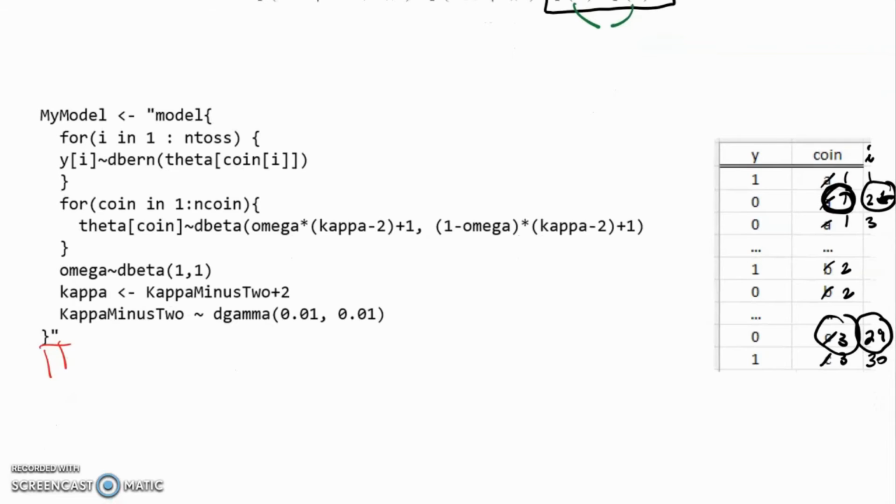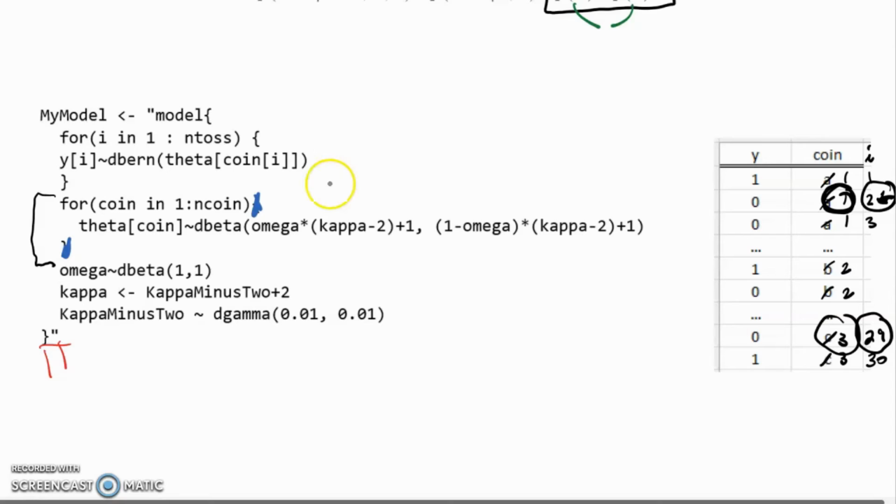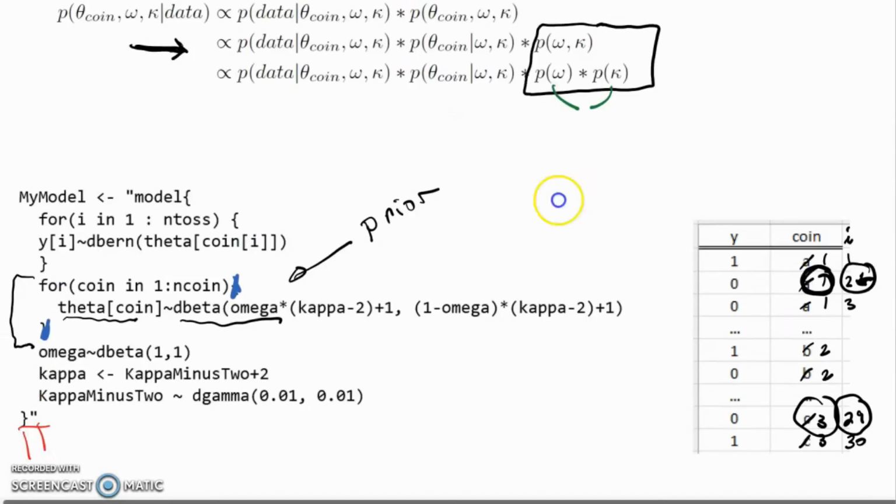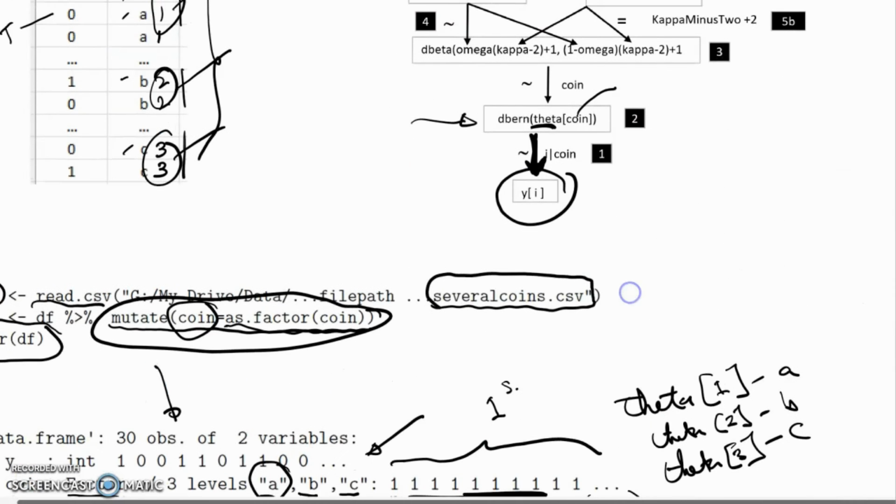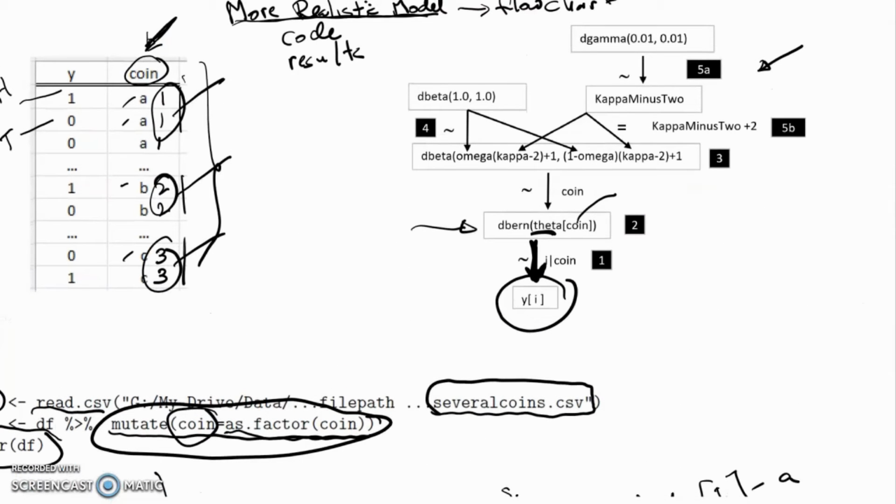And next what we've got is another loop. And what is this guy? This guy is our prior. That says the prior for coin is this beta distribution. And if we come up here, that line of code is this relationship right here.